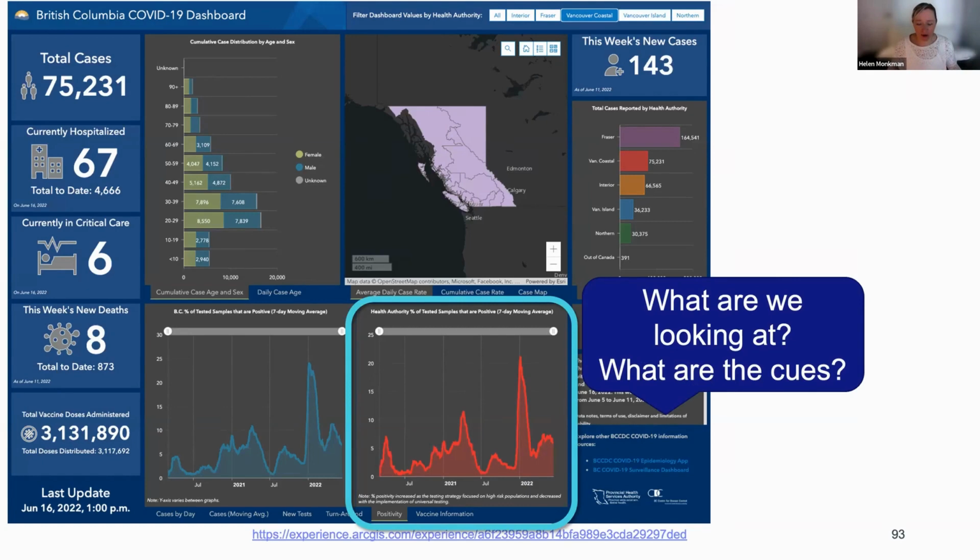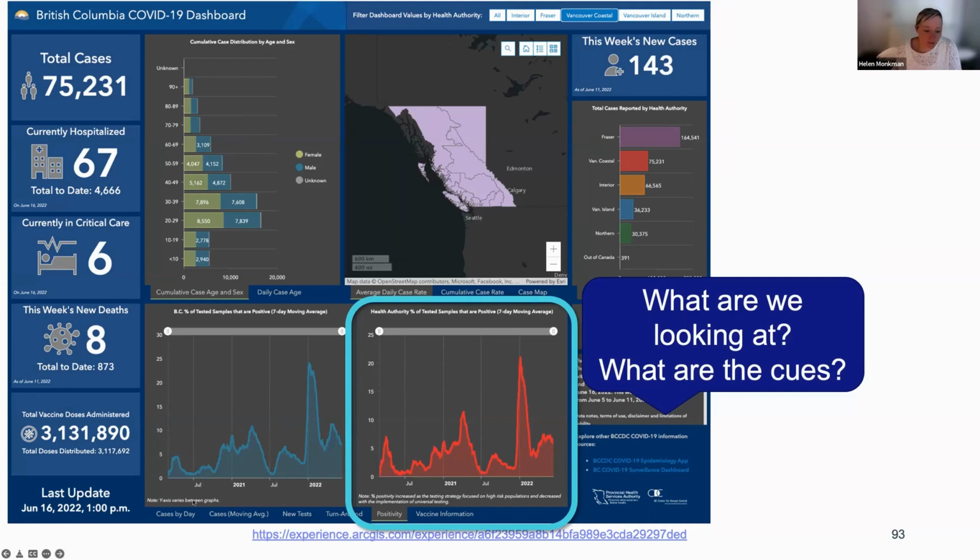Sorry. Okay. So it says percent positivity by health authority. But by health authority, so what does this mean? Does it mean we're looking at a health authority? Yes. We are actually looking at Vancouver Coastal Health Authority's percent positive of the tested samples.